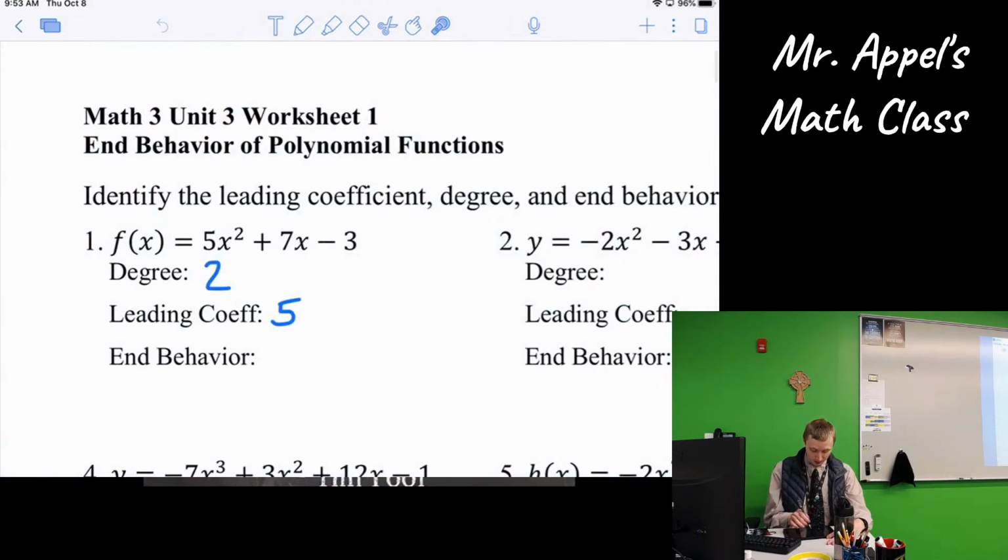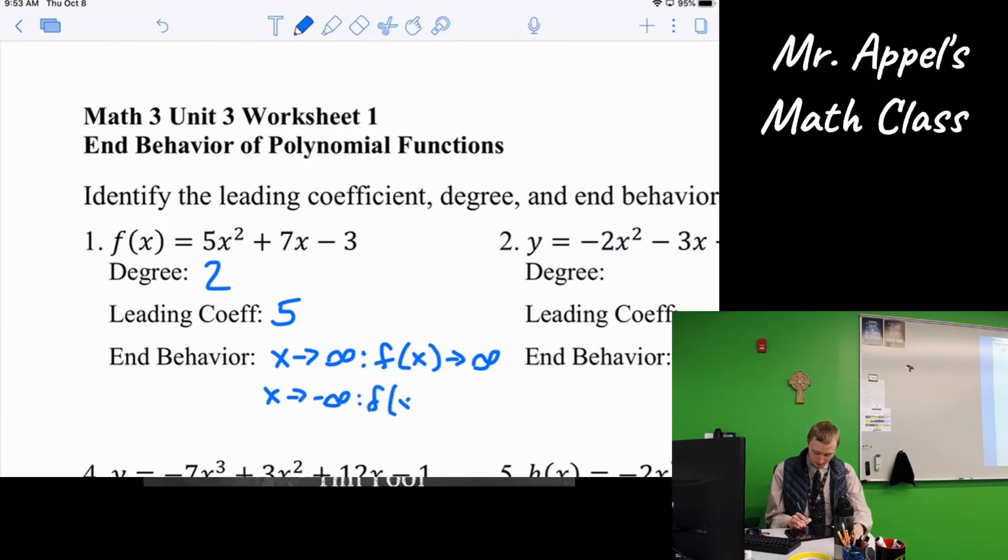So if we swap back the end behavior, we will write that as x approaches positive infinity, f of x approaches positive infinity; as x approaches negative infinity, f of x approaches still positive infinity.